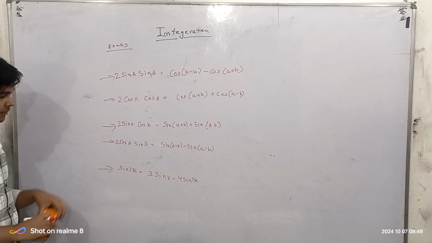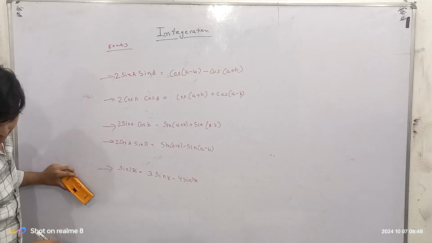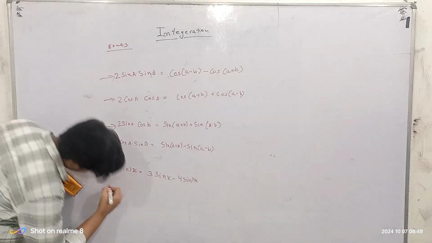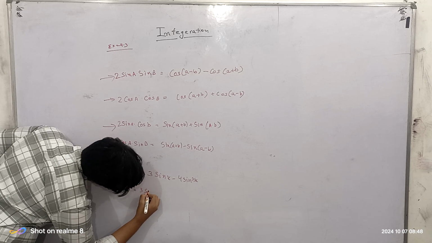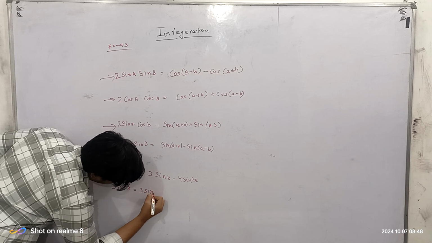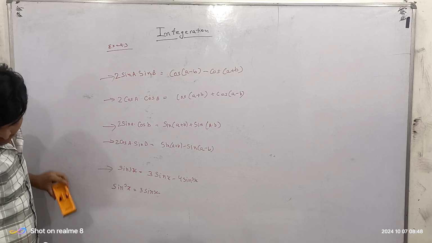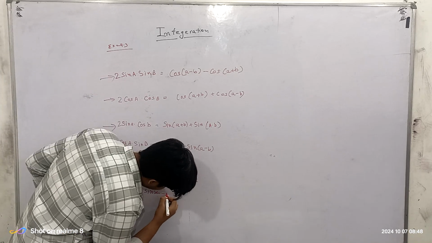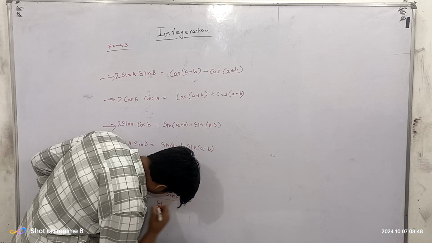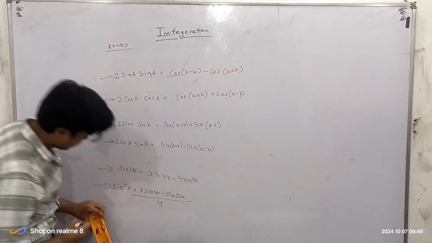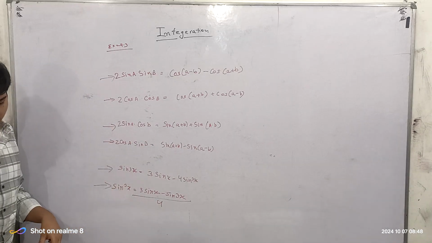From here we can find the value of sin cube x. Sin cube x will be equal to (3 sin x minus sin 3x) by 4. From here we can find sin 3x questions; this will come.